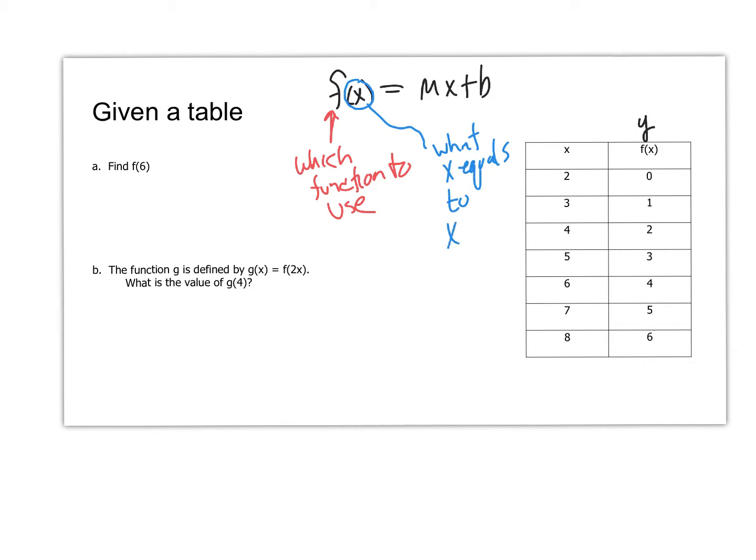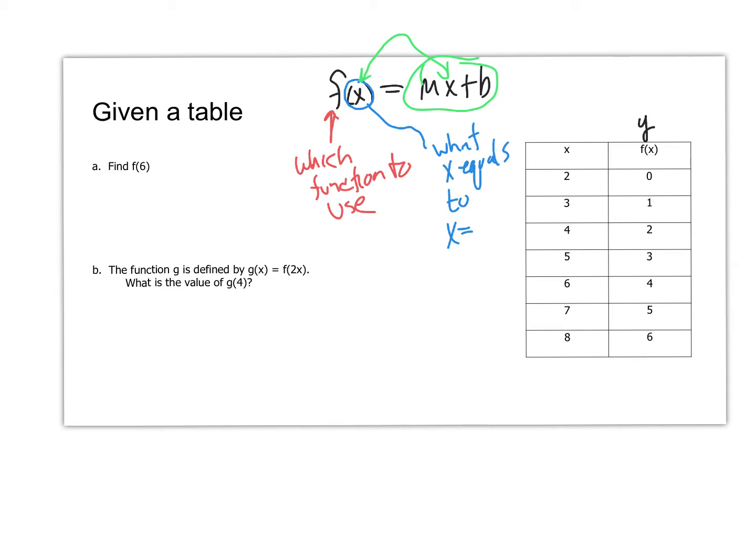In a sense, x equals whatever's in there. And the mx plus b is your typical linear function. M is slope, x is the x value, and your b value is your y-intercept.